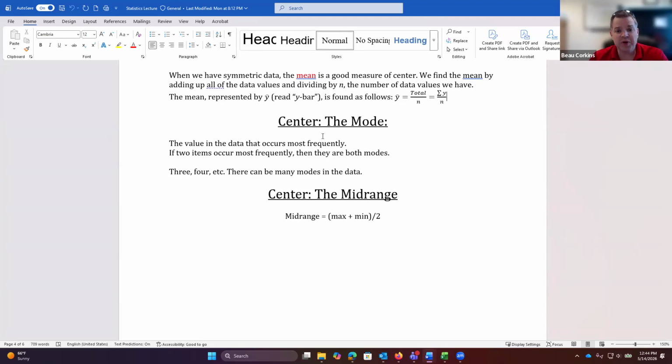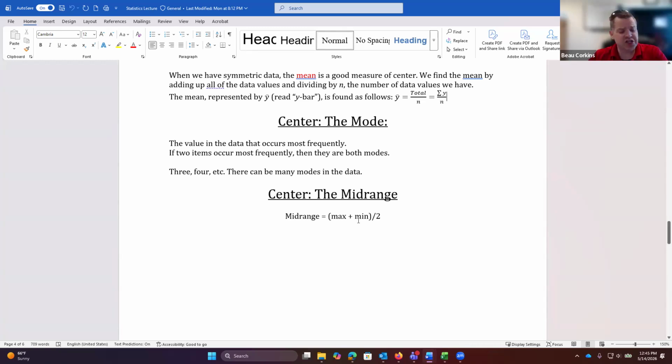There can be multiple modes, so if three different values each occur 10 times, and those are the most, then those are the modes. If every value is distinct, we typically say there are no modes. It is technically also correct to say they are all modes, but typically we say there are no modes.